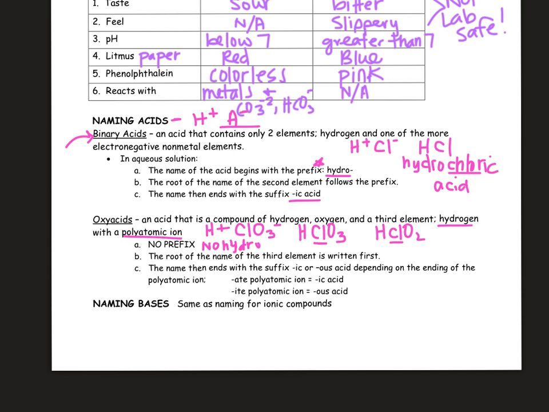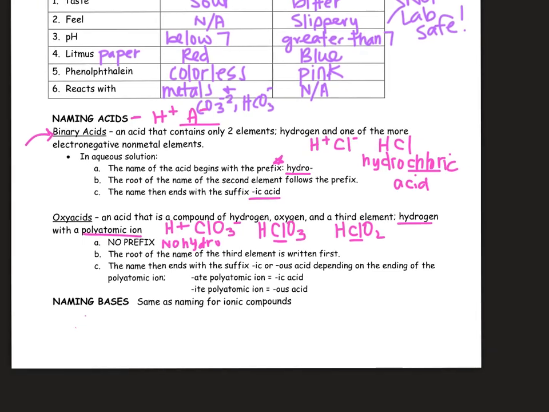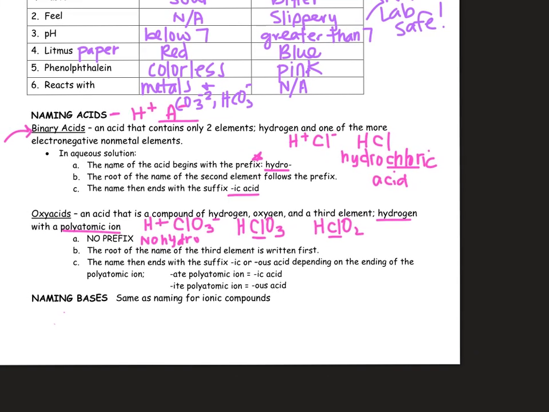So let's say I'll do HClO3 first. Actually, I'm not going to do it down there because that's going to be in the bases and that looks confusing. So let me scroll over here a little bit. Okay, I'll do it over here. So let's say I've got HClO3, right? And so when I see HClO3, I've got no prefix. I look at the root.